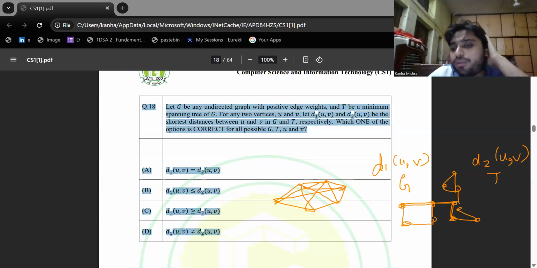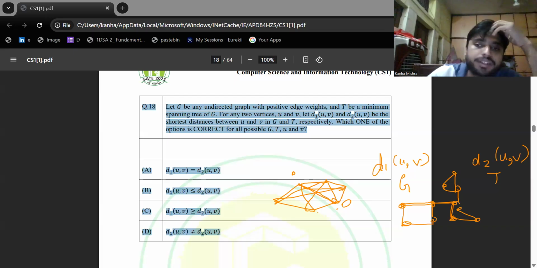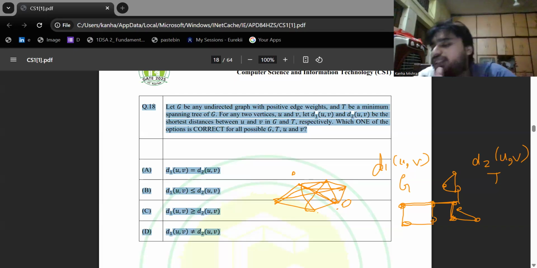To reach from here to here, there is a direct way as well. So what I'm trying to say is they are not equal in general. In general, they can be equal, but it's not compulsory. Strict equality I can never say. So option A is incorrect.